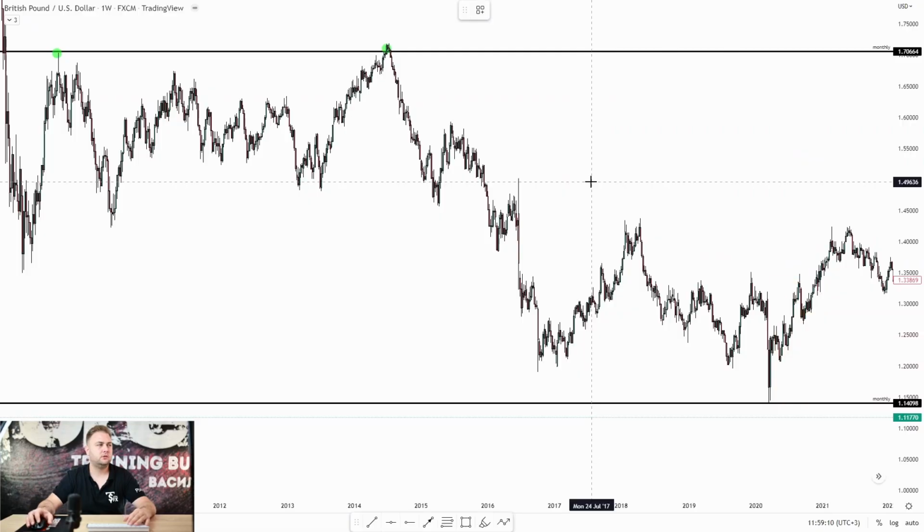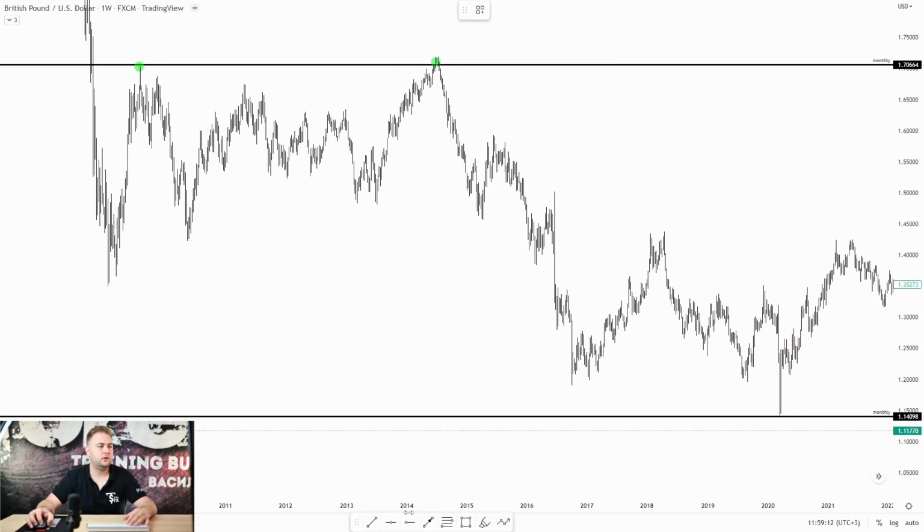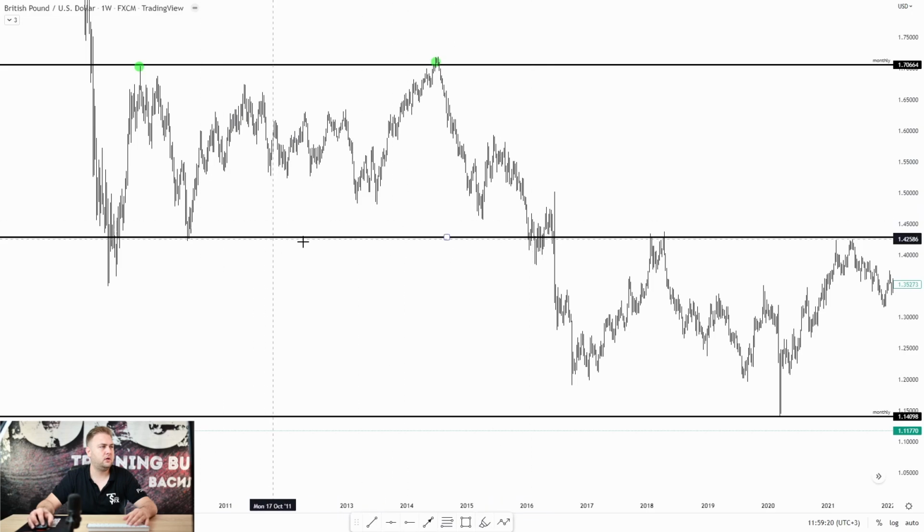The next thing you have to do is to make your weekly levels of support and resistance. And these levels, these are where the price has made the biggest movements from there and where the price has made a lot of pushbacks. So if we make our level here, we can see that in 2010 we have a very strong pushback from this level.